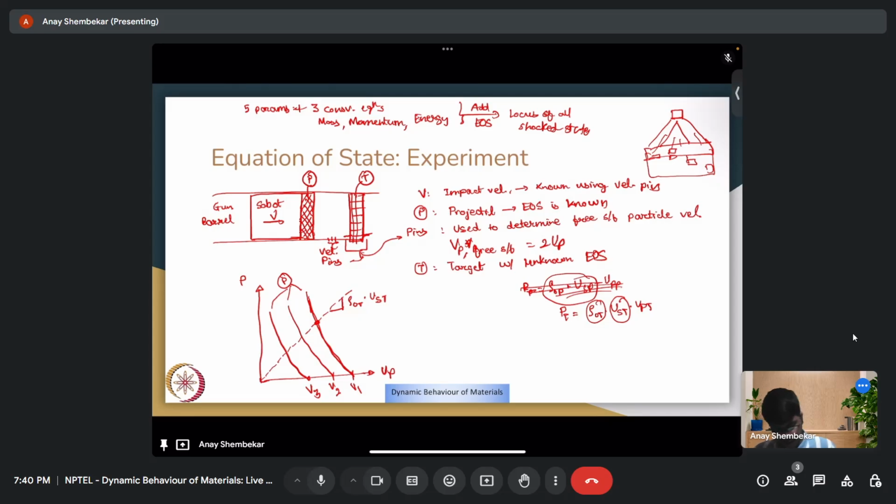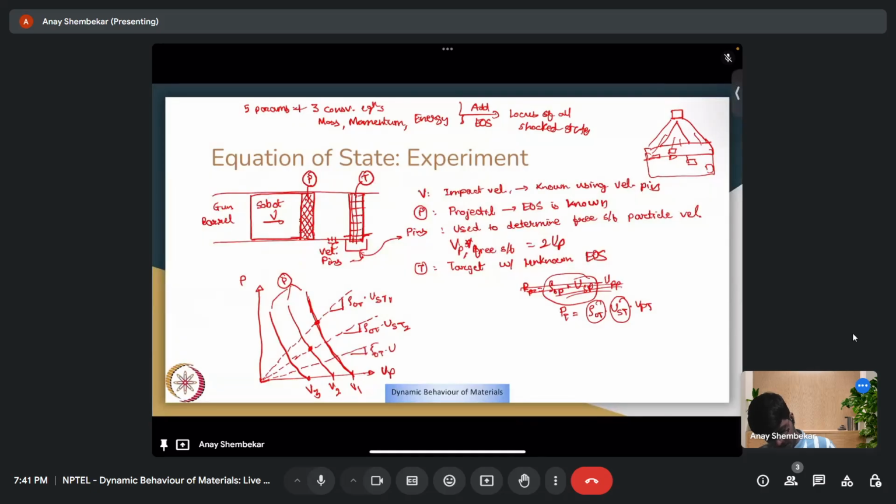ST1. Similarly, this is your rho naught T UST2, where those Rayleigh lines will cut into your pressure and particle velocity lines for the target. That would form the common pressure. Like we have already seen, P star is the pressure at the interface, and on both target and projectile it should match. So wherever those lines cut, that is the pressure they reach.